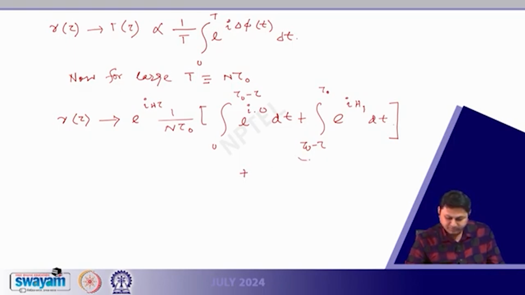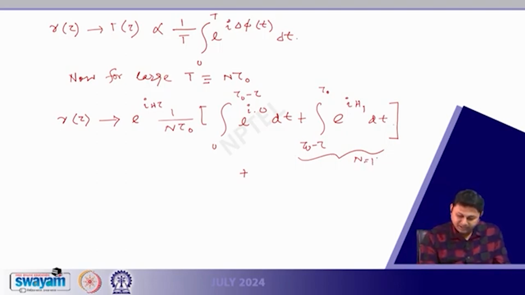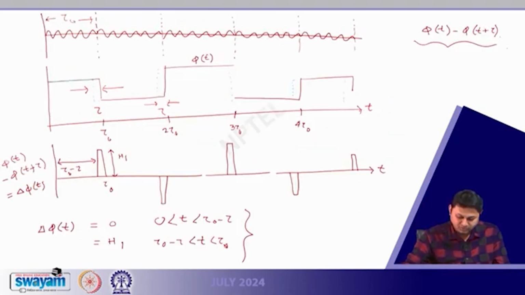This is for n equal to 1, but a similar term appears because we have h1, h2, h3 etc. So here we have another, this is h2, this is h3 and so on. So I need to integrate over all the discontinuities, the places where there is a phase jump.